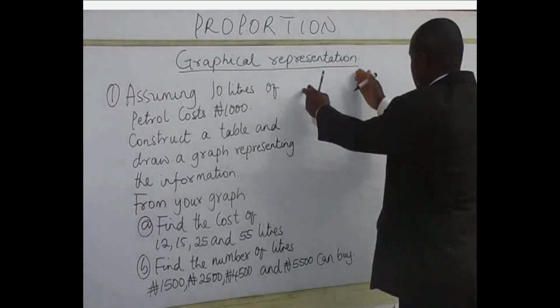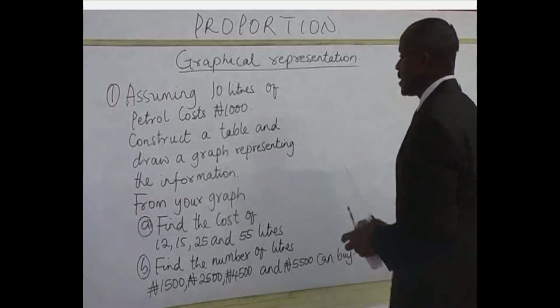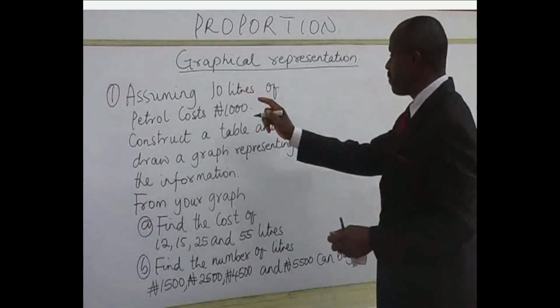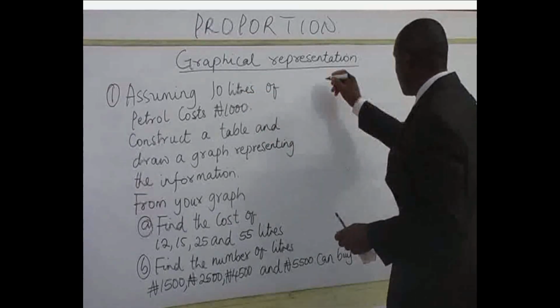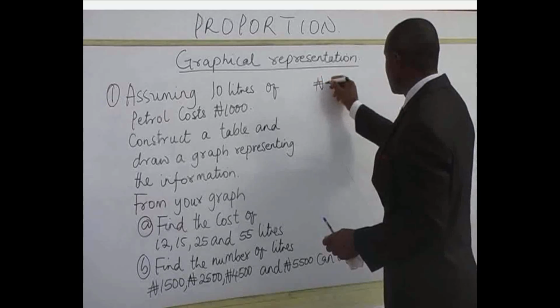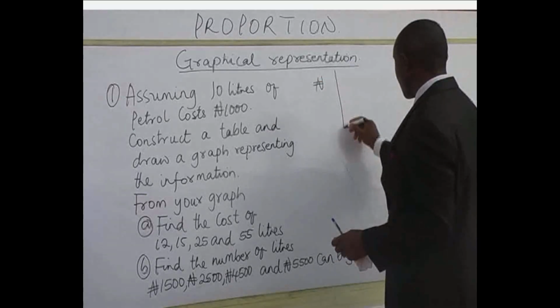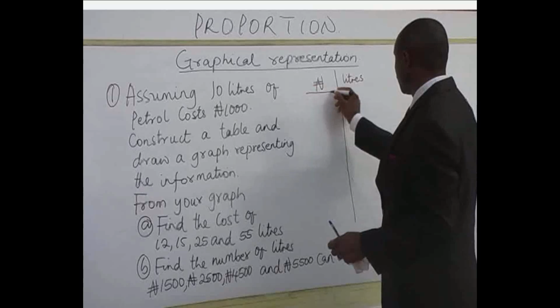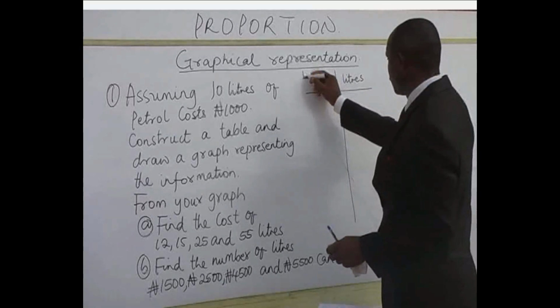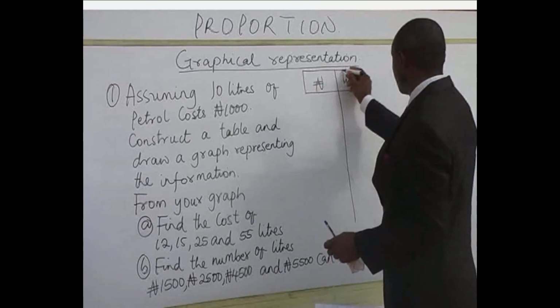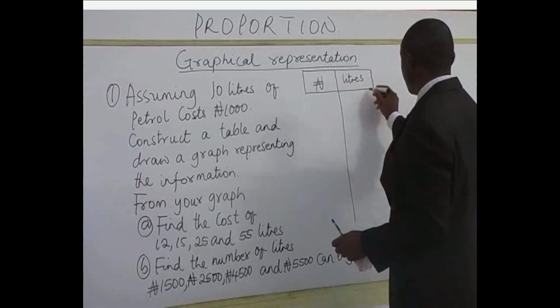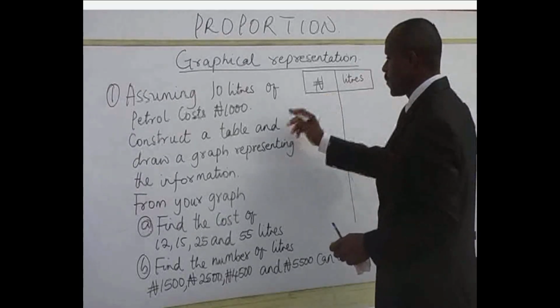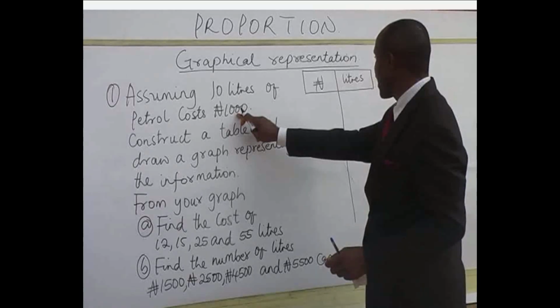I'm going to construct the table vertically. They say assuming 10 liters of petrol costs 1,000 naira. Naira and liters. 1,000 naira, 10 liters.